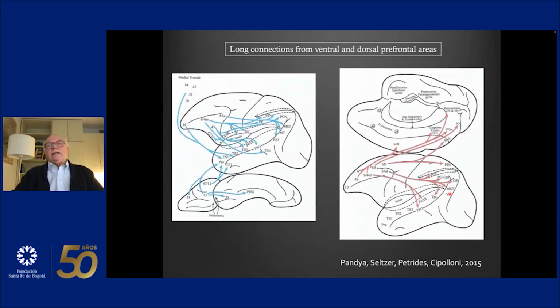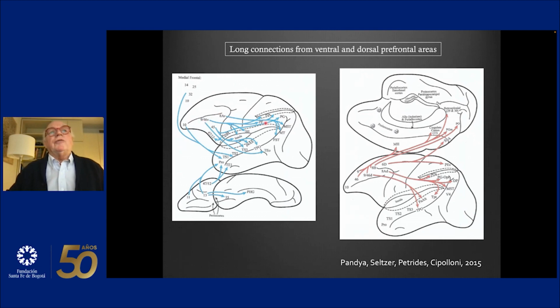Just to give you an idea of the connection, that means the connection will be used by the seizures in the human brain. This is a monkey brain, but if you see all the projections from the inferior part, ventral part of the lateral inferior cortex, this is the principal sulcus of the monkey.